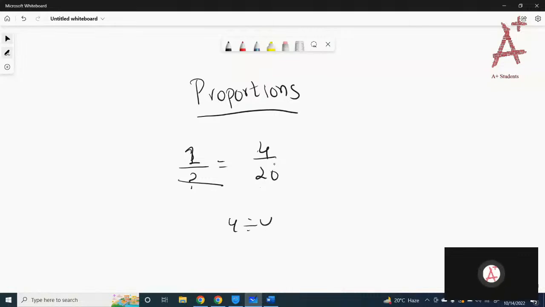We make the numerator 1 because 4 divided by 4 equals 1. So 4 divided by 4 is 1, and 20 divided by 4 is 5. That means if it is 1, then the missing value is 5. Got it?